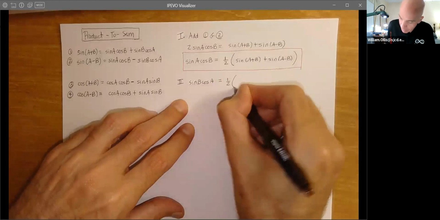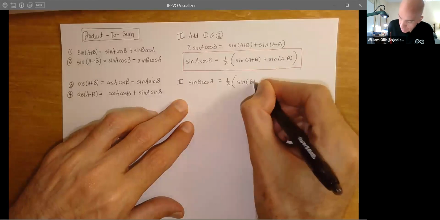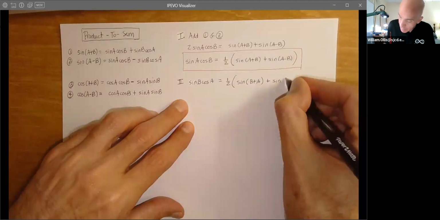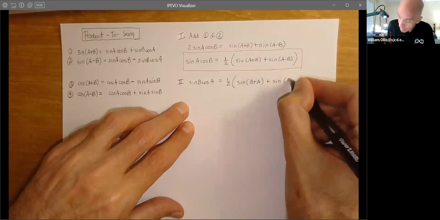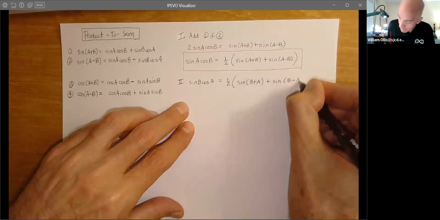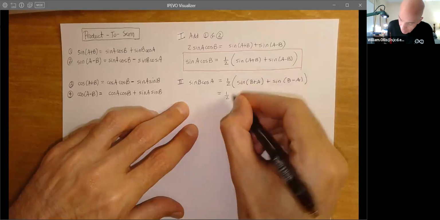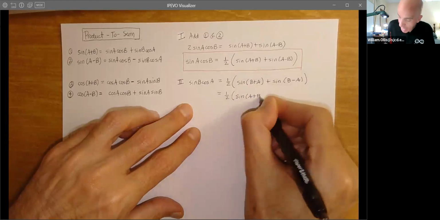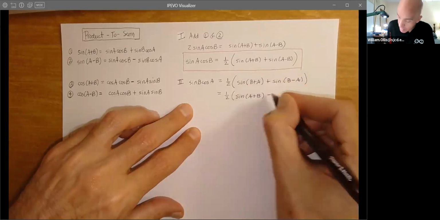We get sine of B plus A plus sine of, now we flip them around, in this case, B minus A. Well, this equals 1/2 sine A plus B. And now flip this around to A minus B and factor the negative because sine is odd.